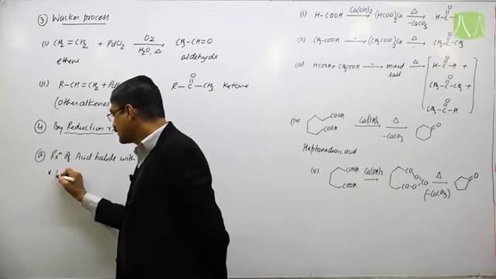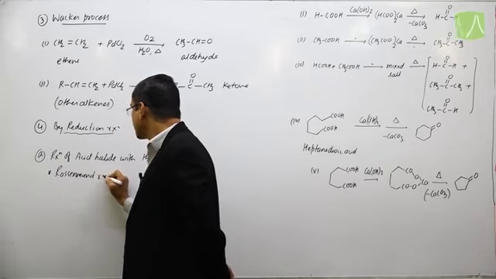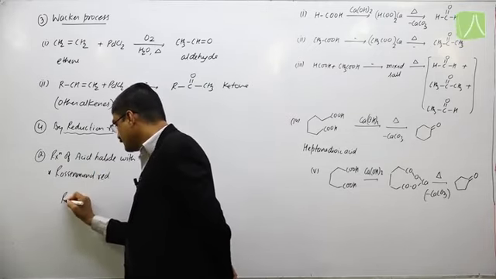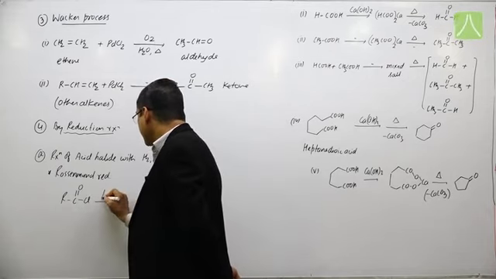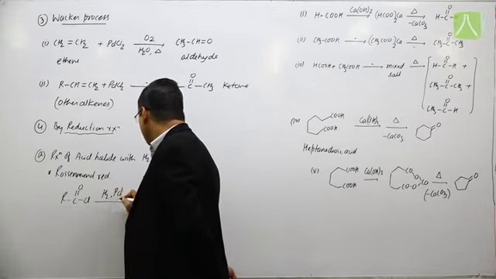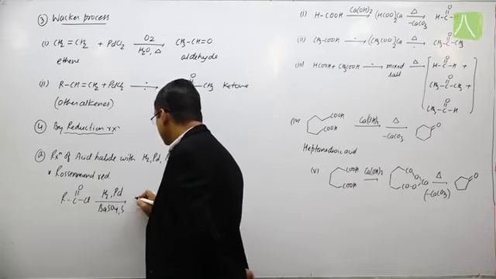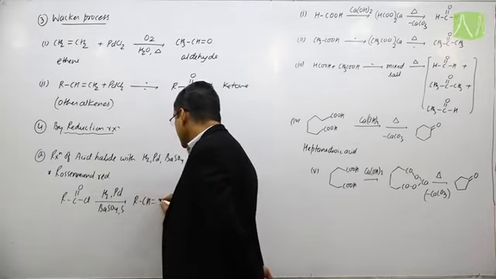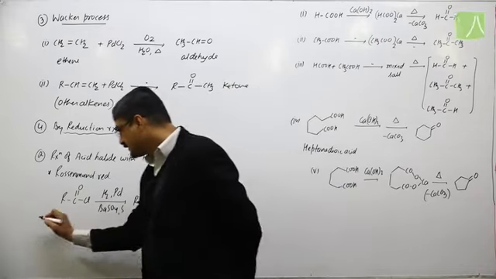It is known as Rosenmund reduction. So RCOCl is converted into aldehyde by Rosenmund reduction. So this is also a preparation of aldehyde.